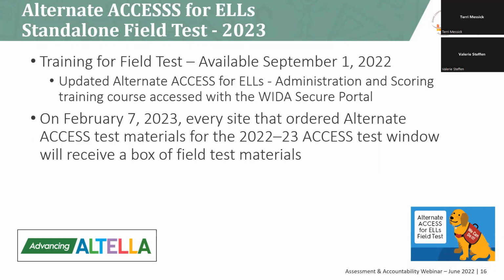Idaho LEAs who receive an alternate access for ELLs test form during the regular 2022-2023 access for ELLs test window will automatically receive field test materials prior to the field test window. More information and trainings around the standalone field test will be forthcoming at the beginning of the 2022-2023 school year.